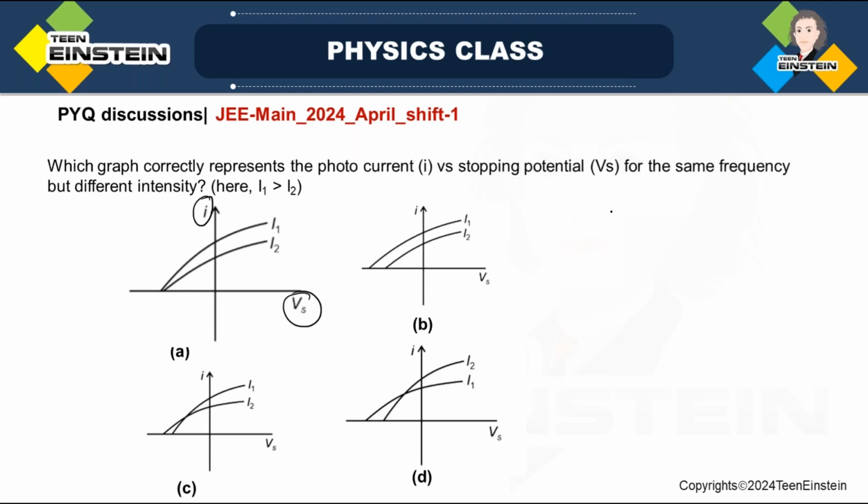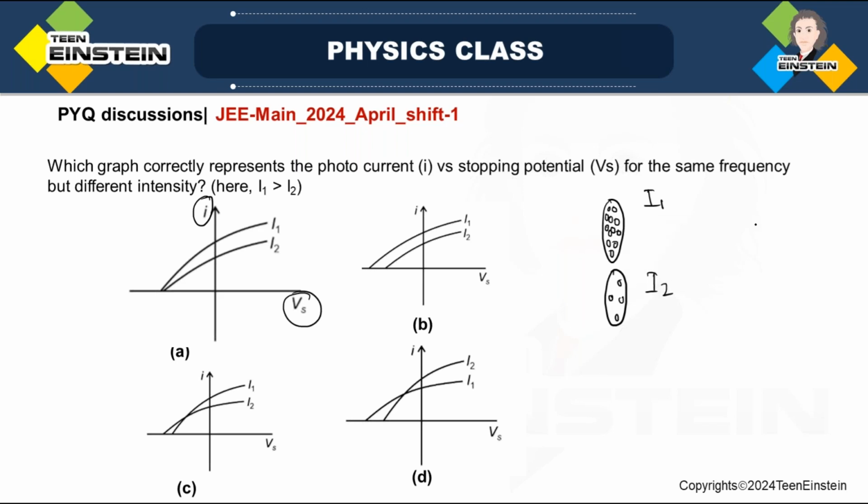According to quantum theory, intensity means the number of photons passing per unit area per unit time. Suppose the intensity is I1 for this, with the same area, and when the number of photons per unit area is less, it is I2.